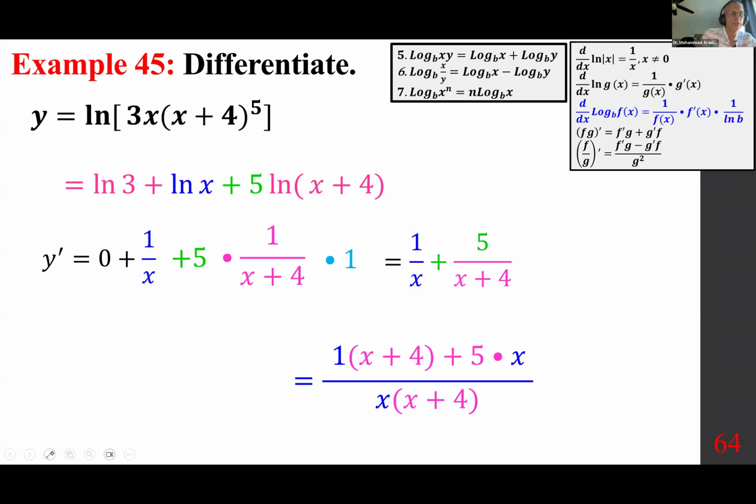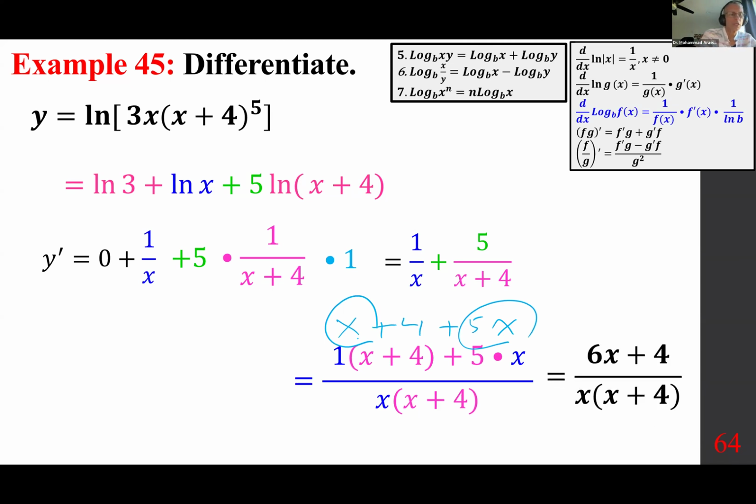And we have x plus 4 plus 5x, x and 5x, they add up to 6x. So we get (6x plus 4) over x times (x plus 4).